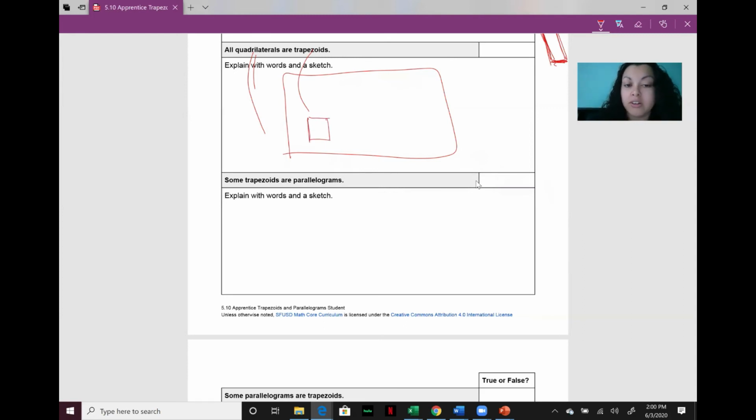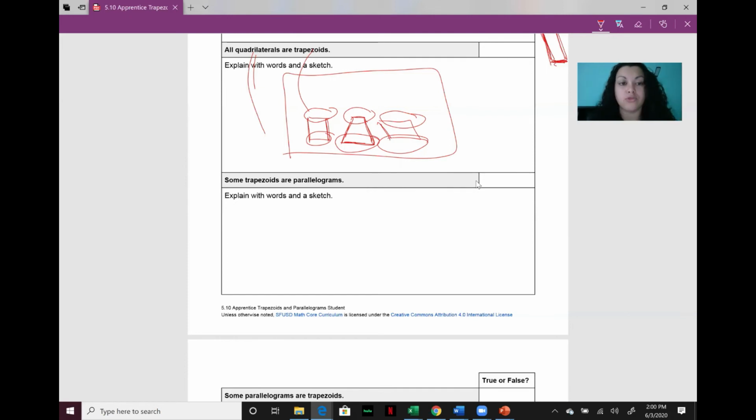This could be a square. It has at least 1 pair of parallel sides. This could be a traditional trapezoid where it's at least 1 pair. This could be a parallelogram because it has, again, at least 1 pair. So all of these are considered trapezoids. But all quadrilaterals don't have to be trapezoids.